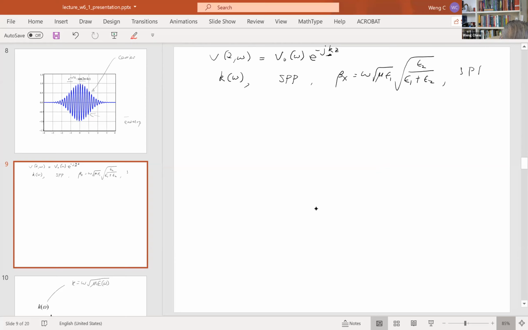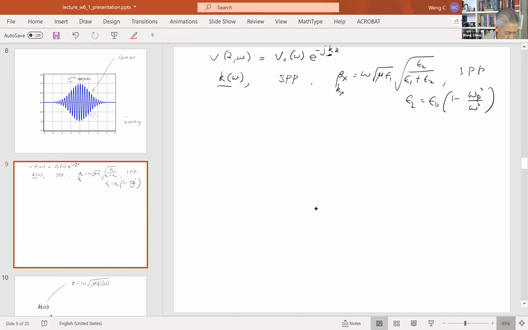This is SPP. So that k, which is kx in this picture over here, is a rather complicated function because epsilon 2 is a plasma. Okay, so in general, when you have a guided mode on a structure like an SPP or waveguide mode, that beta x or that k is a rather complicated function of omega.